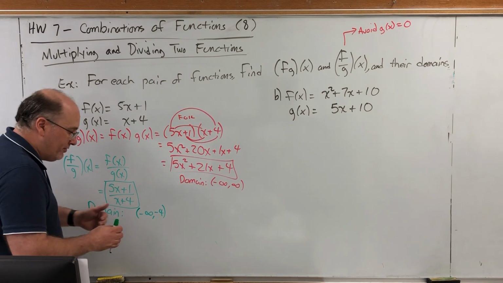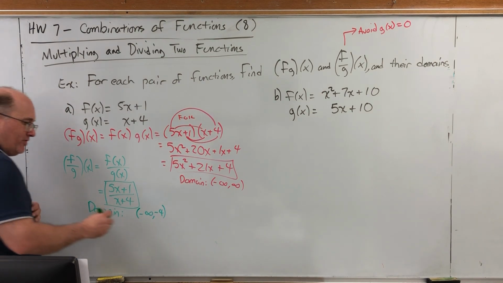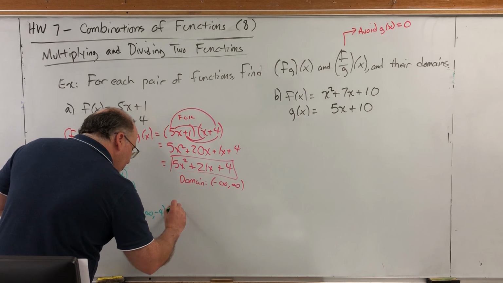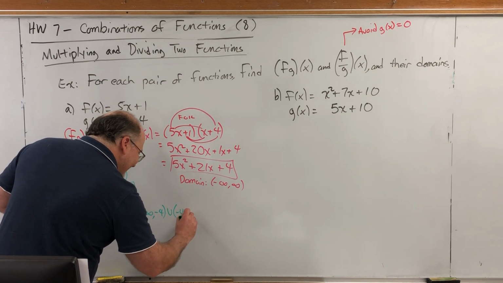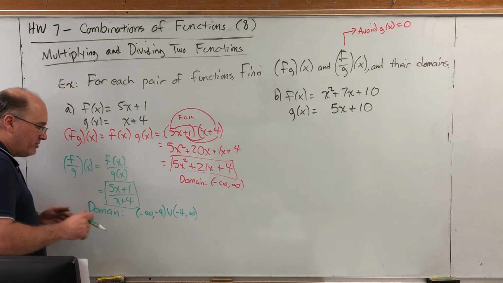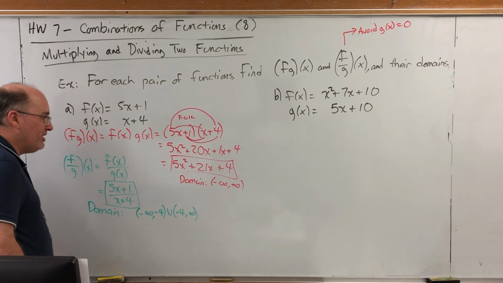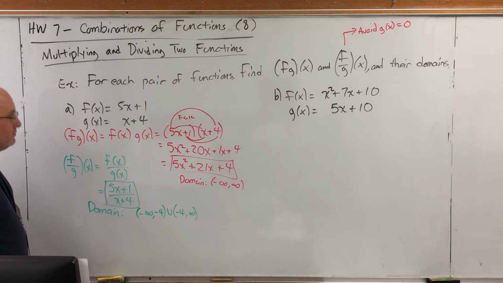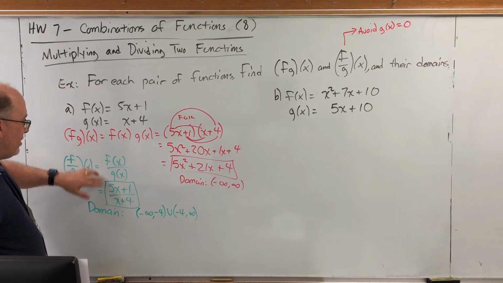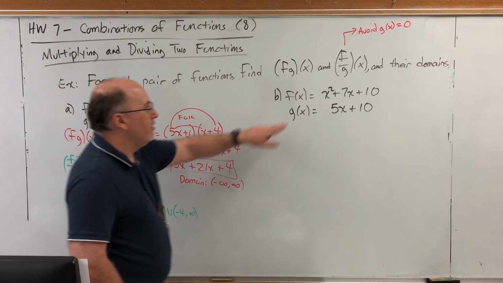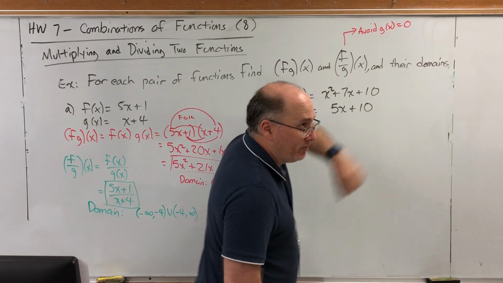But that's not all of it. Those are just the numbers on the left side of -4. I have to union it with the numbers on the right side of -4. So the other interval is parentheses -4, comma, infinity. Again, when you find the domain of a quotient, a division problem, you need to avoid the denominator equal to 0.